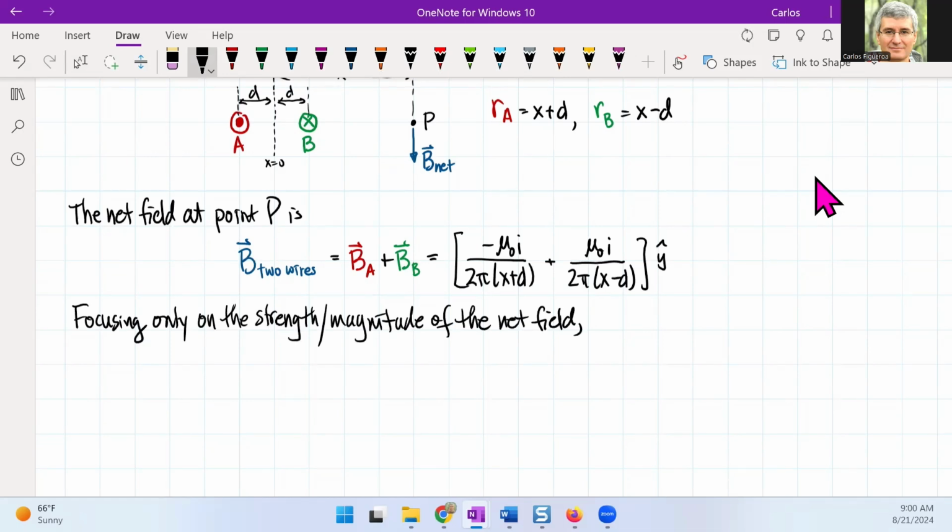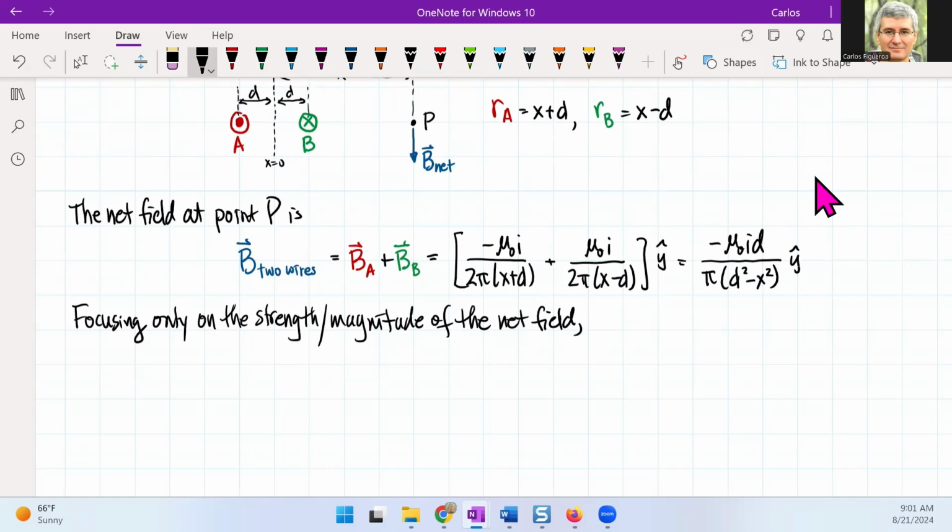If I look at this thing here, I could then rewrite this field, and it's going to read that this will then be pi of d squared minus x squared. And this will then be minus mu naught I d in the y direction.